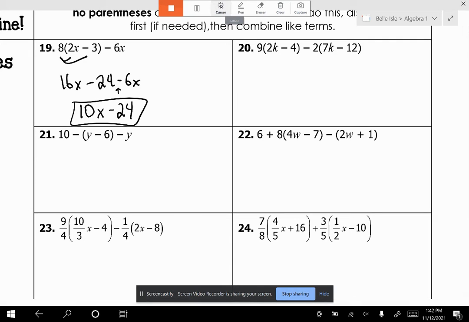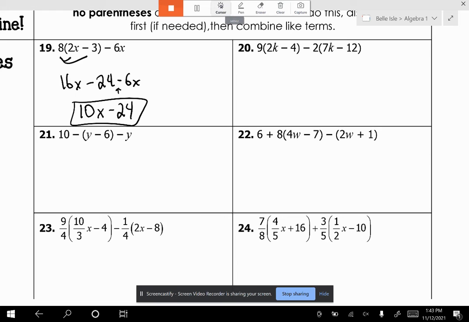Or you can think of it like it's a negative 6, but you're combining. Combining is add. So if you keep it as a negative 6 and you have 16 plus a negative 6, because if you plus a minus, it's subtraction. There you go. You'll get it.